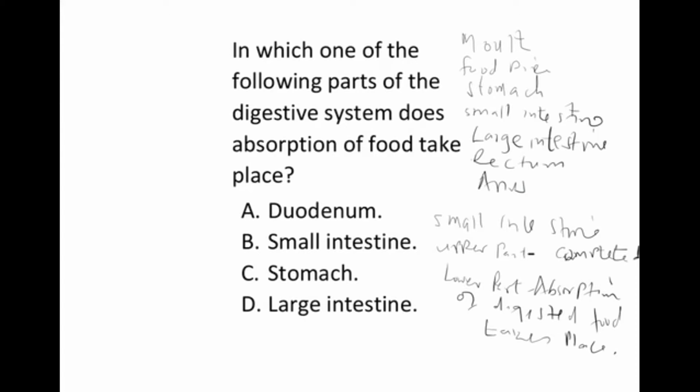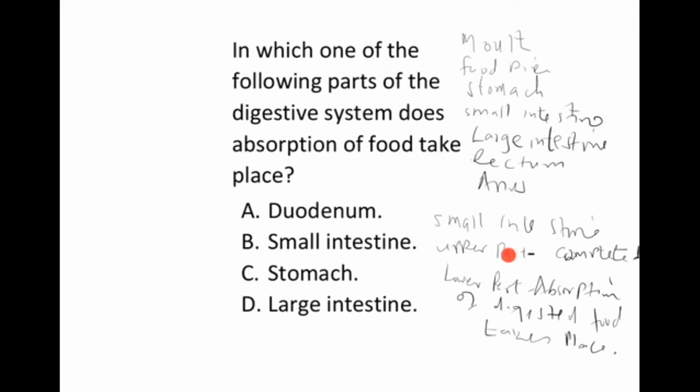So according to our question, our key word there is: absorption of food takes place where? We have singled out the small intestine, which is divided into two parts.